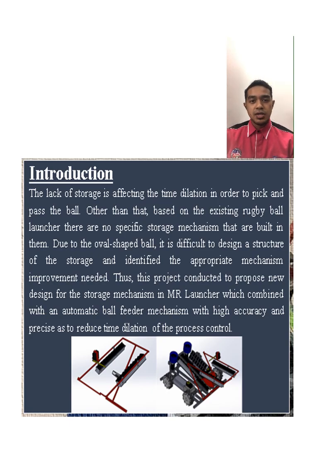Due to the oval-shaped ball, it is difficult to design a structure for the storage and identify the appropriate mechanism improvement needed. Thus, this project proposed a design for the storage mechanism in the MR launcher, combined with an automatic ball feeder mechanism with high accuracy and precision to reduce time dilation of the process control.